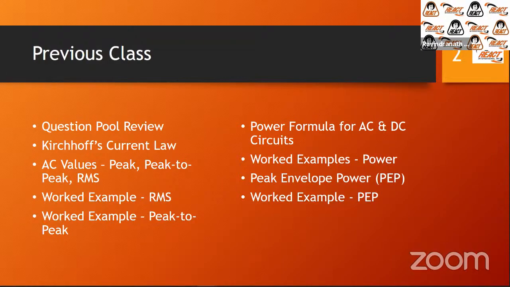We did the power formula for both AC and DC circuits. We had a few worked examples in respect of power. We also tackled the concept of PEP, or peak envelope power, and we also did a worked example on PEP.